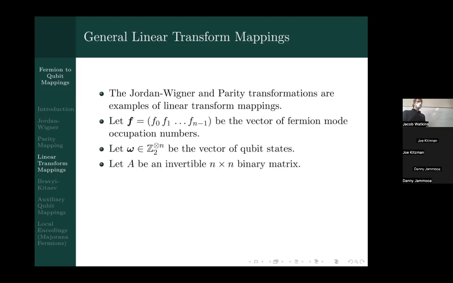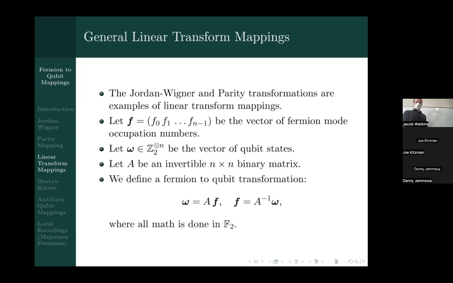Now we just define some invertible n by n binary matrix A. That A defines the transformation between a vector of fermions and a vector of qubits. And all math, of course, is done in F2 or mod 2 to keep with ones and zeros.